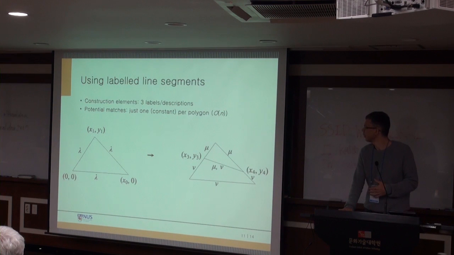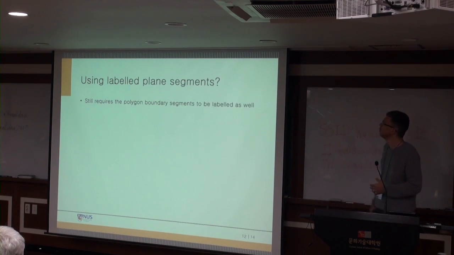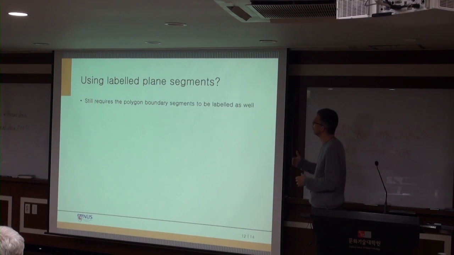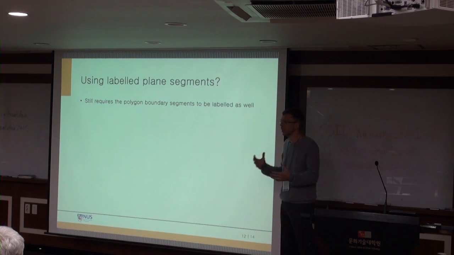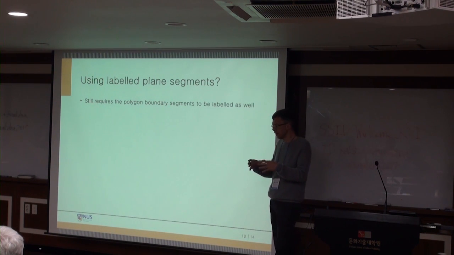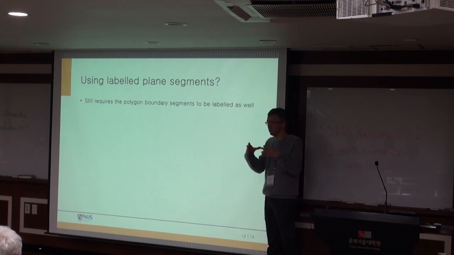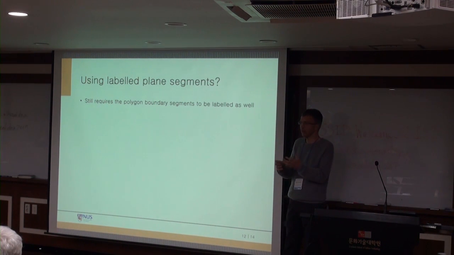And so then I thought, well, what would happen if we use labeled plane segments? Could we go even one step further? But actually we can't, because although you can label the plane segment, if you have a rule that only has a plane segment, then under emergence, any part of that plane segment will also be a plane segment.